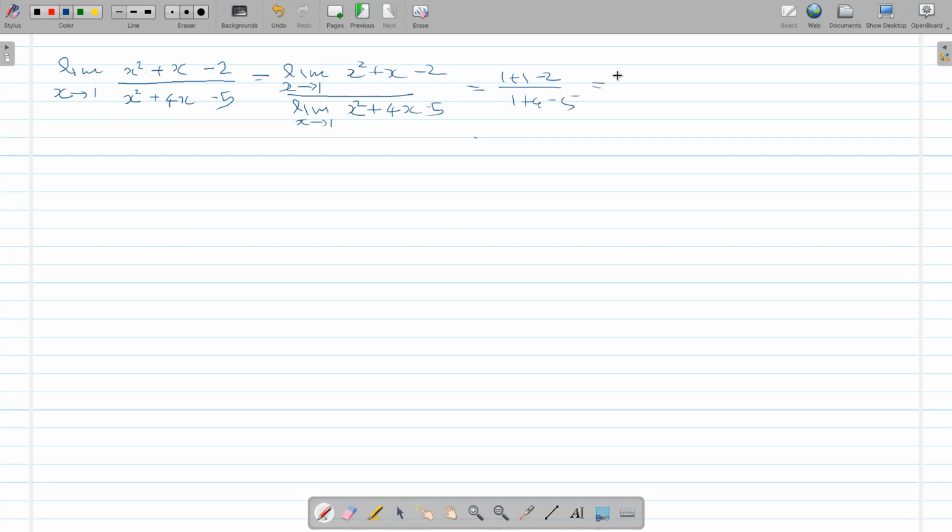This is again 0 over 0, no? So that means I have to go for the factoring. We are checking here whether this limit works. It doesn't work if we get 0 over 0. Normally it's not good to say equal, but we are just checking there.